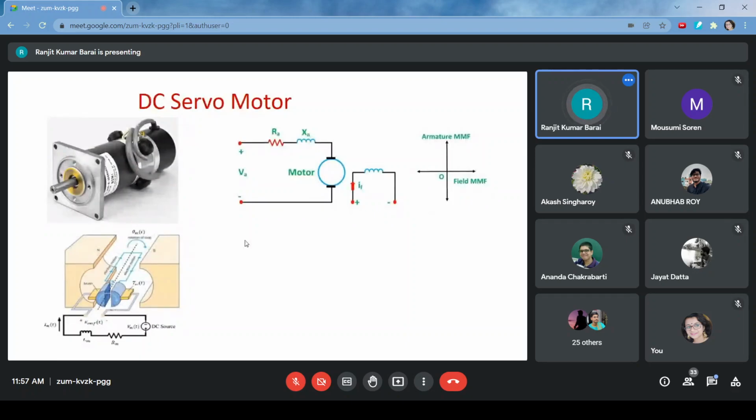So you have to keep the flux density in the design small, which means a bit more magnetic material will be required. From that perspective, your DC servo motor may become a bit heavy because of the additional requirement of iron to keep it linear. Any doubt regarding this point?